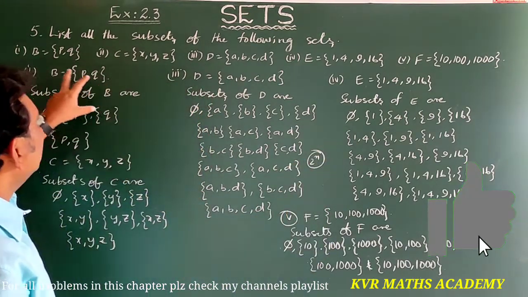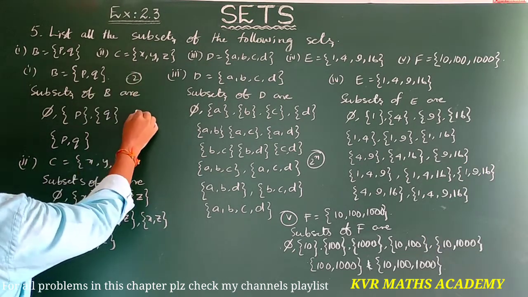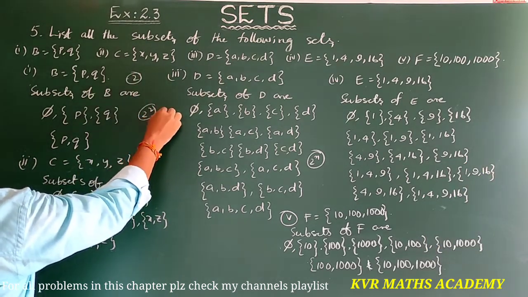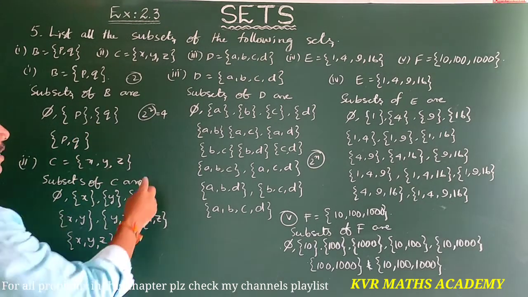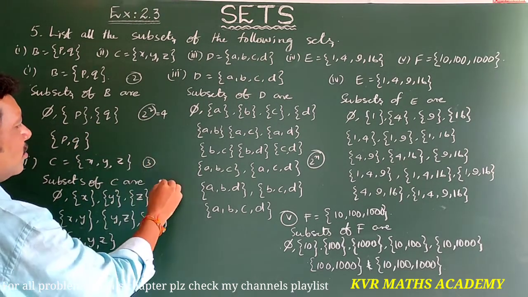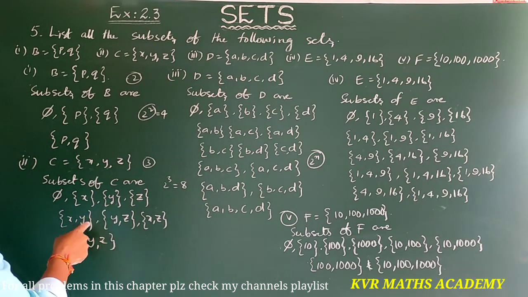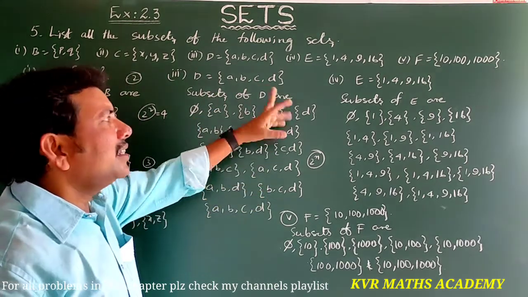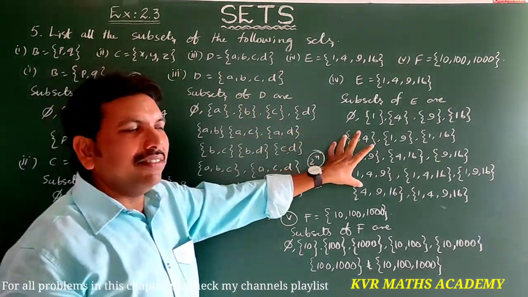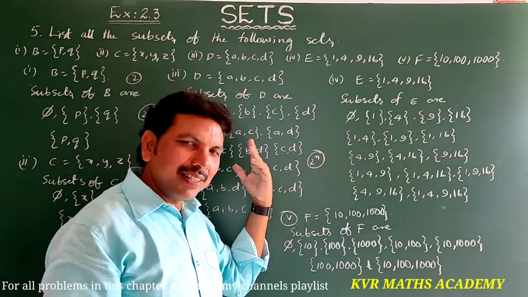Look here, in the first set 2 elements are there, that's why 2 square, which means 4. 3 elements means 2 cube, that is 8. 4 elements means 16, already we have counted 16. Have you understood clearly? Note it down.